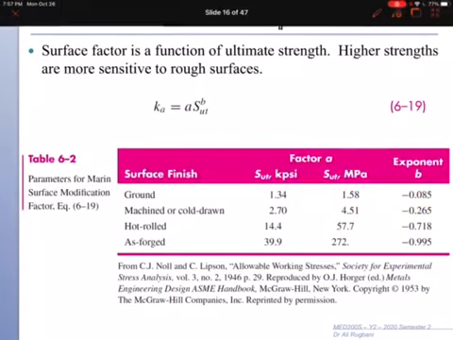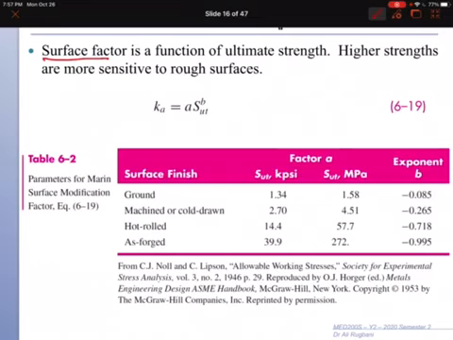Okay, so the first factor is surface factor. You can find surface factor just from the material. Usually when we give you steel, we will say this is hot rolled, this is cold drawn, this is ground, this is forged.